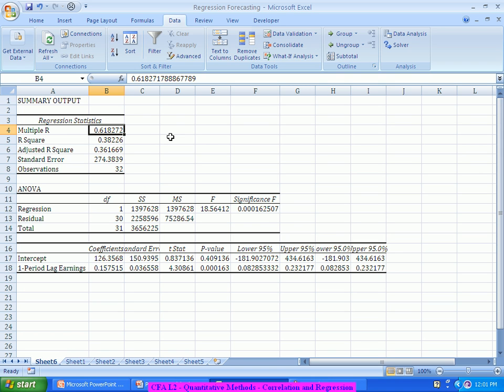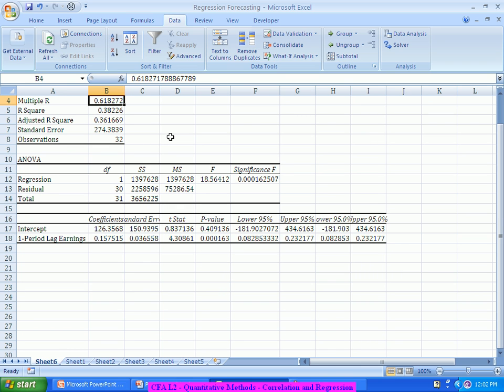Even this system has given us a correlation of 0.61. One major thing to look at here is the equation, the coefficients we got just now: 126 point something, and 0.157 being our slope coefficient.